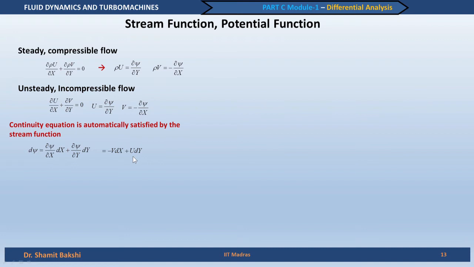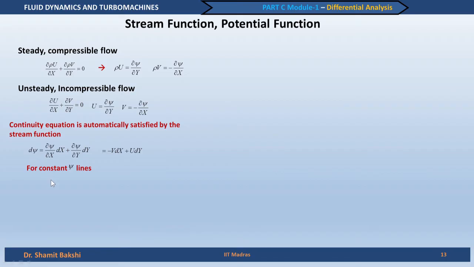This is quite simple, but it gives important information. Let us say we have a constant psi line, where psi is constant. If we go along this line, then d psi is 0.